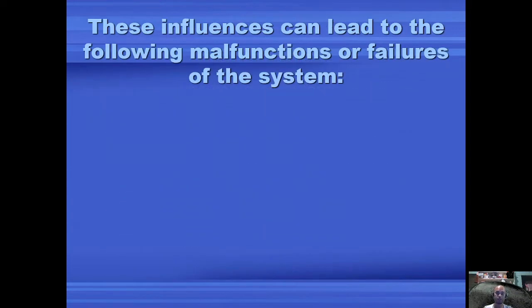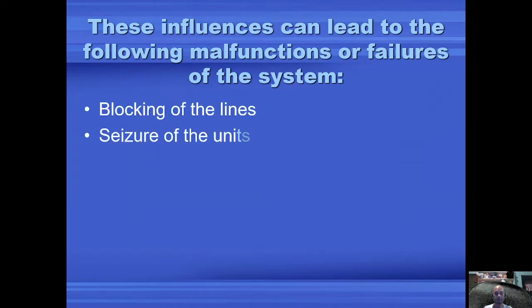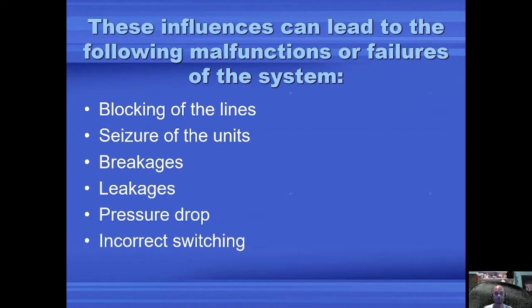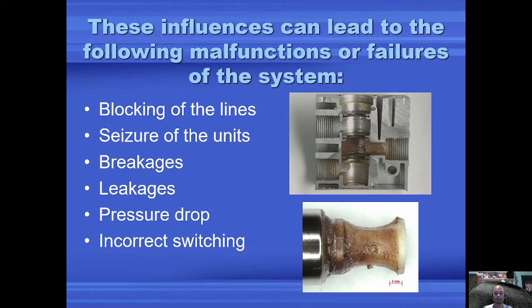Okay, so these influences can lead to the following malfunctions or failures of the system: blocking of the lines, seizure of the units, breakages, leakages, pressure drop, incorrect switching, or damages. As you can see in the picture, there is some rust or corrosion on the spool.